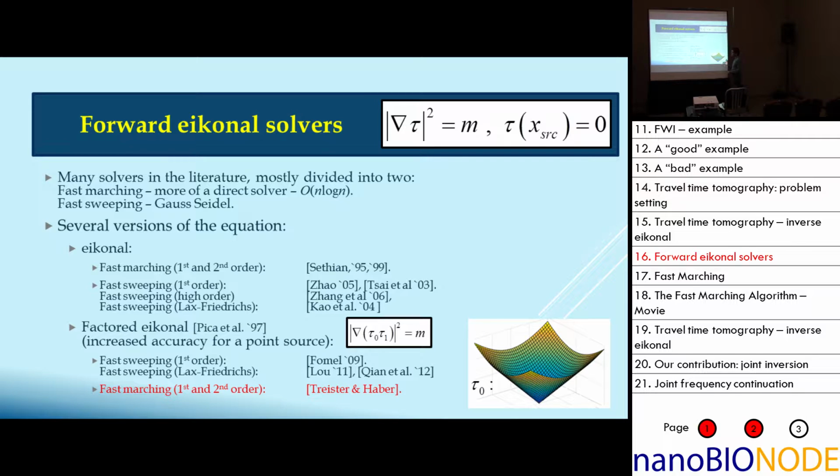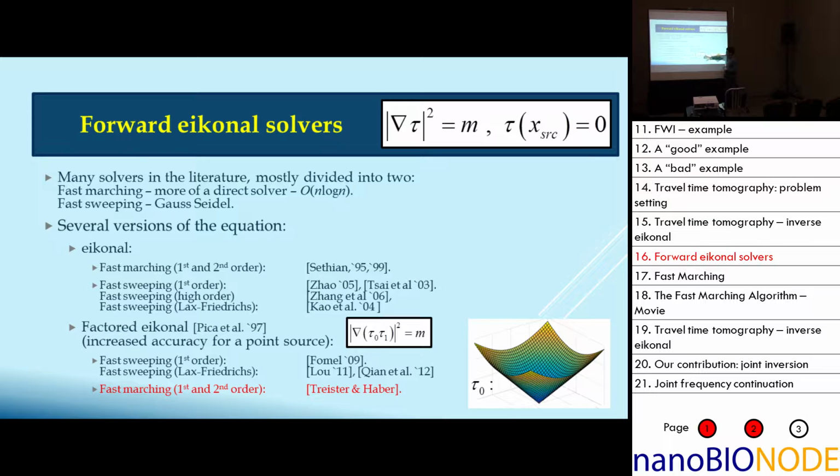So they came up with a correction, a factored version. It's the same equation, but this time our variable is tau1, which is the factor to tau0, which is the distance function. And this really takes the source singularity out of the equation. So the solution here would be much more accurate than here. That's a known fact.